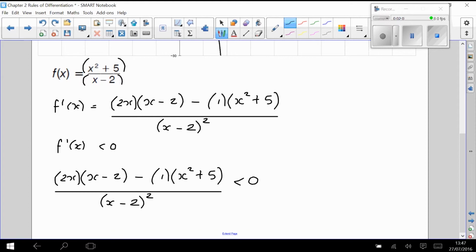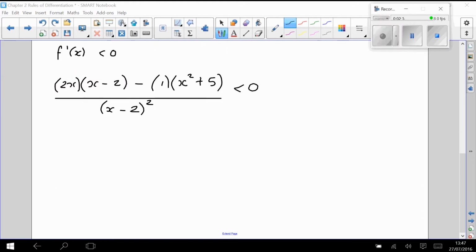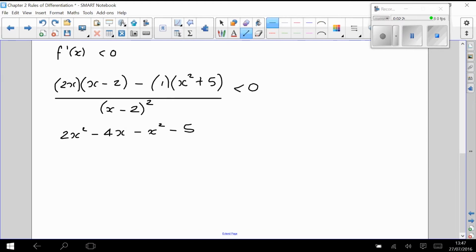Now all that remains is for me to simplify and factorize the left-hand side of my inequality. Simplifying the left-hand side, I'm going to get 2x squared minus 4x minus x squared minus 5, and that is all over x minus 2 squared.